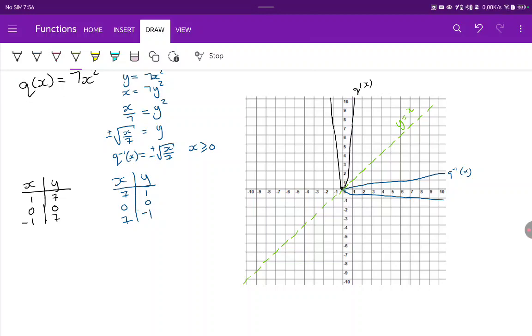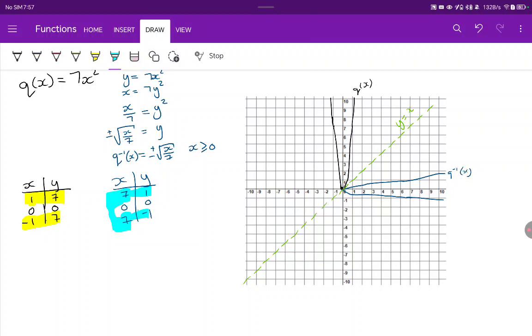So over here, 1 gives me only 7 as an output, and negative 1 gives me 7 as an output, but it's only one output for each input. Whereas on this one, I have two inputs that are identical, and they give me two different outputs. So this is a problem.